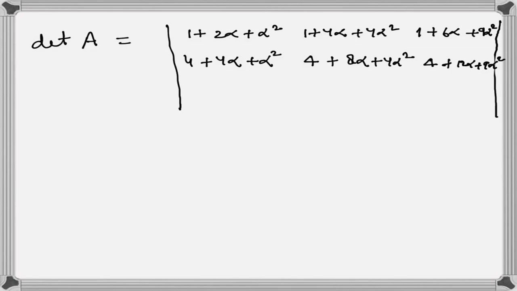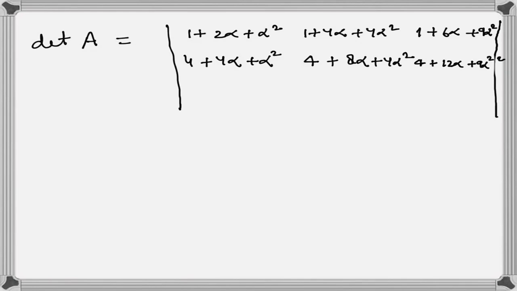Okay, so let me just write this again. Sorry for that. This is 4 plus 12 alpha plus 9 alpha square.